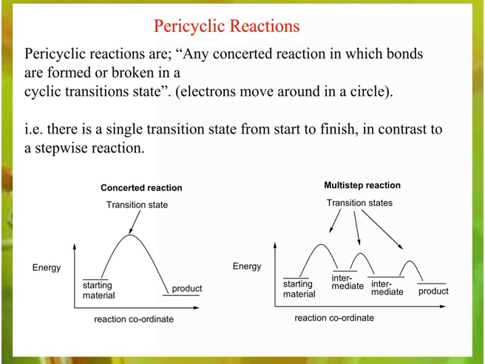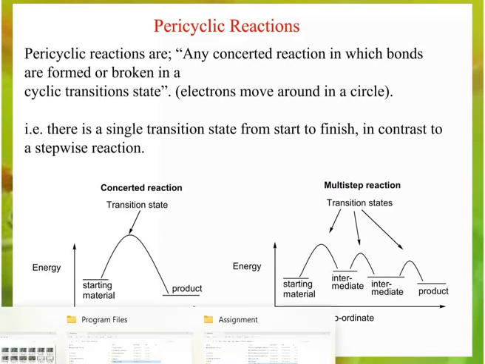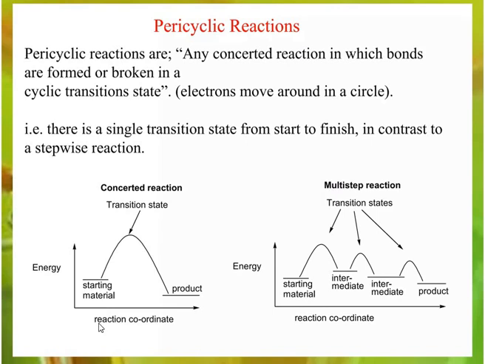Today in this video, I am going to talk about pericyclic reactions. So, what are pericyclic reactions? You know my friend, pericyclic reactions are any concerted reaction in which bonds are formed or broken in a cyclic transition state.